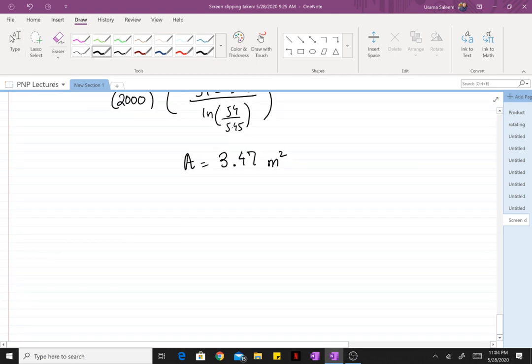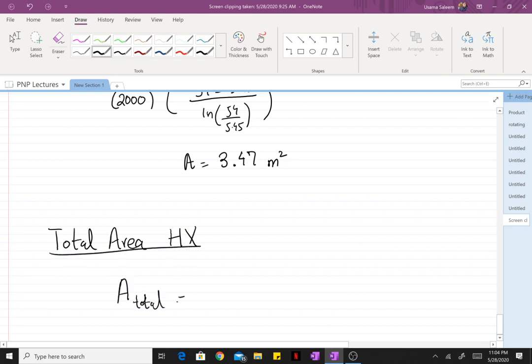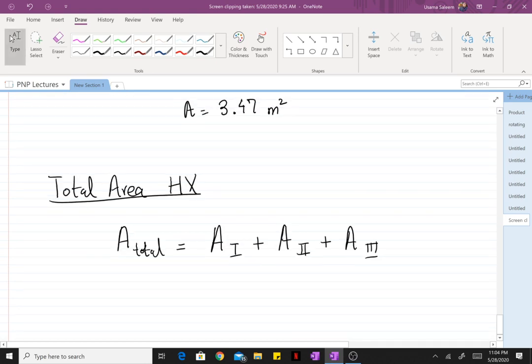So the total area of our heat exchanger is going to be the area of the subcooled section plus the area of the saturated section plus the area of the superheated section.